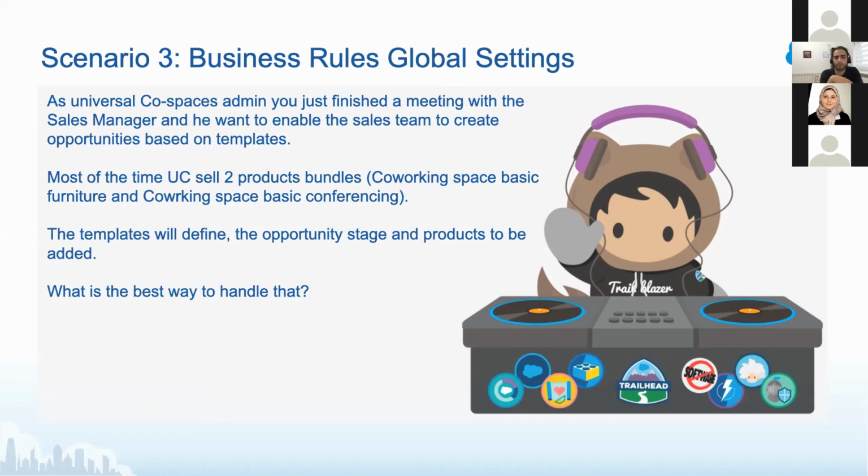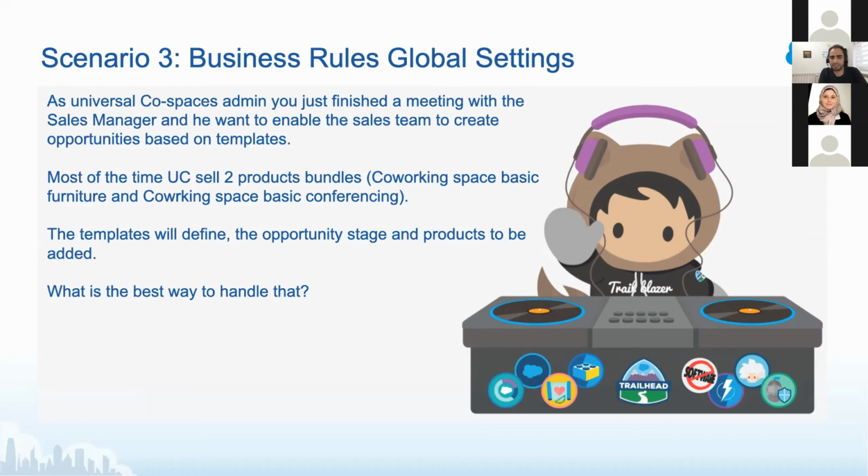And let's check this scenario. This time we don't have Universal Containers, but we have another company called Universal Co-working Spaces. It's a company that sells the facilities, furniture and equipment for co-working spaces.